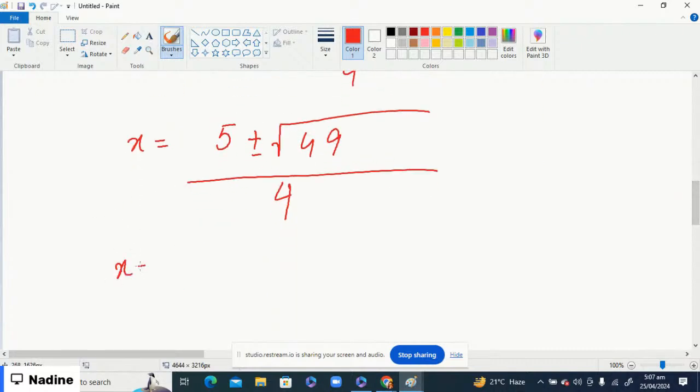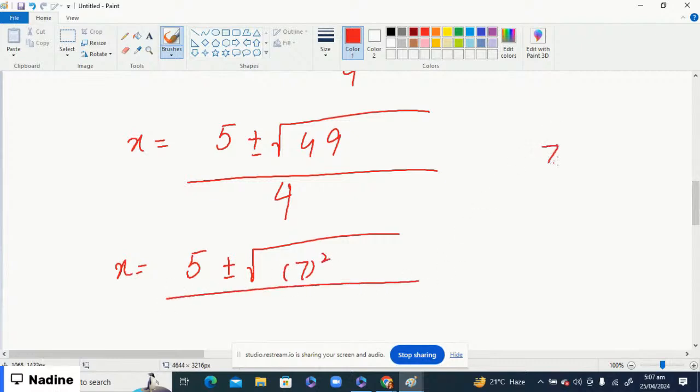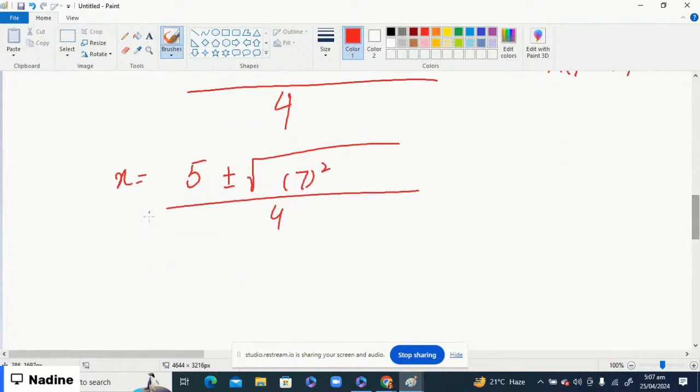Now what is the square root of 49? It is 7, because 7 times 7 is 49. So x equals 5 plus minus 7 over 4.